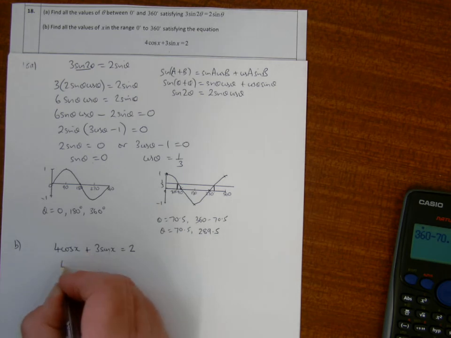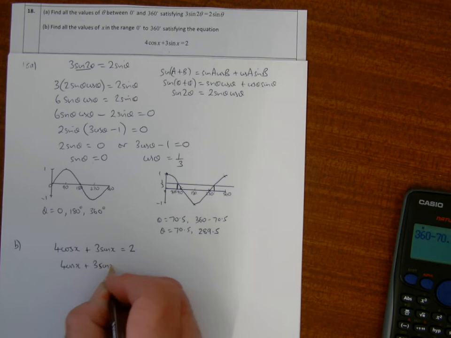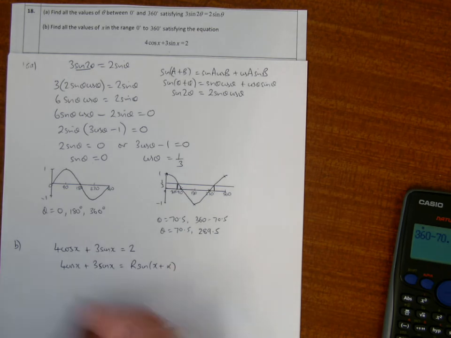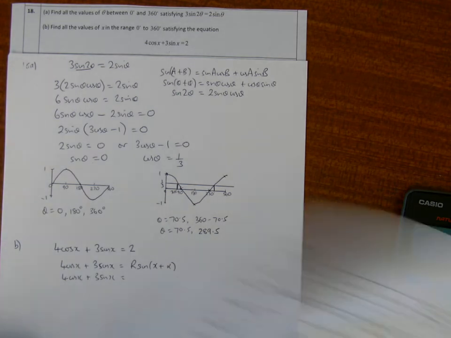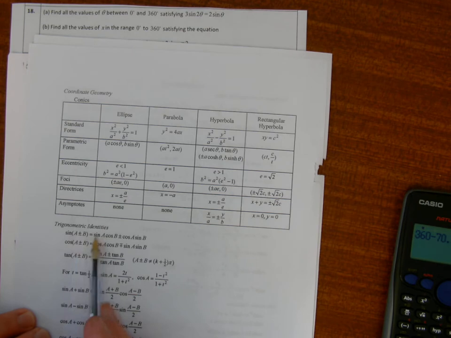So if I rewrite the left hand side as r sine of x plus alpha, and then to expand sine of x plus alpha, again I'm on page 4, sine of a plus b, sine a cos b plus cos a sine b.